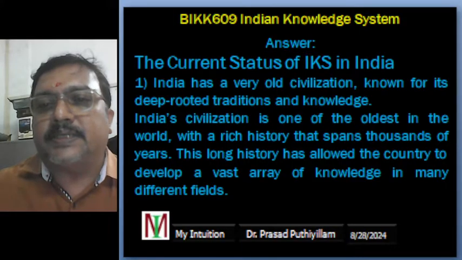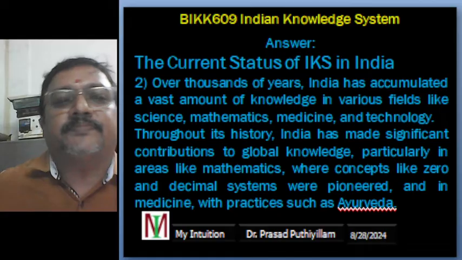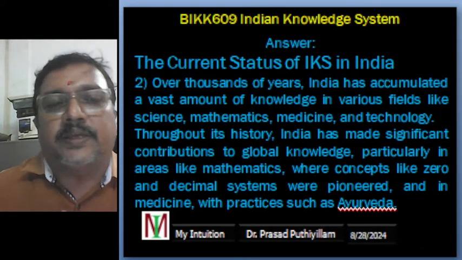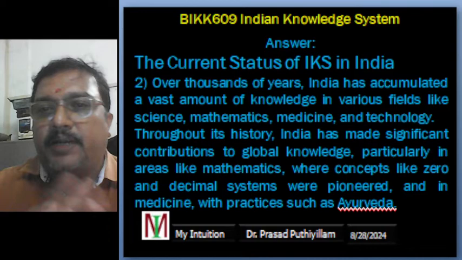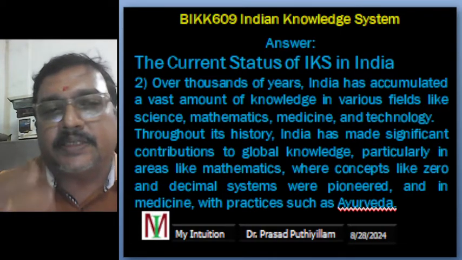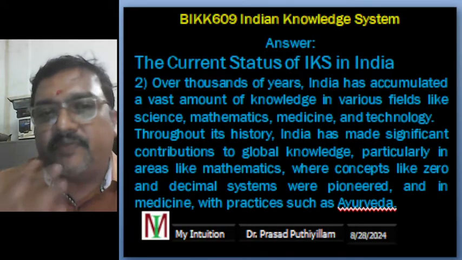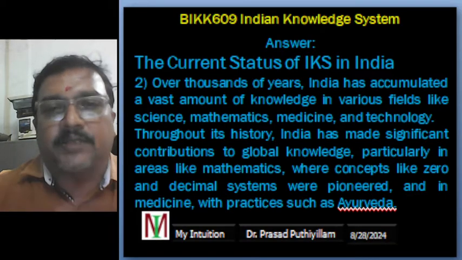So the second point says that over thousands of years, India has accumulated a very vast amount of knowledge in various fields like science, mathematics, medicine, and technology. So it's a continuation of the first point. Throughout its history, India has made very significant contributions towards global knowledge.